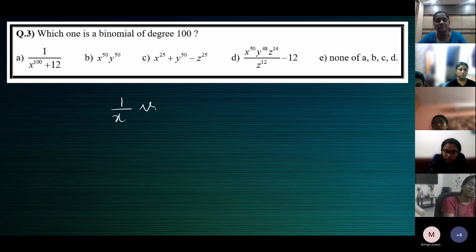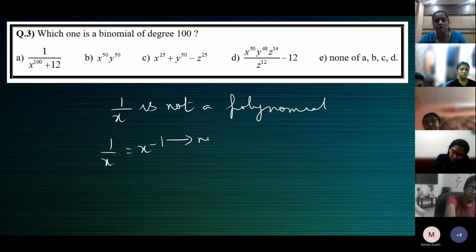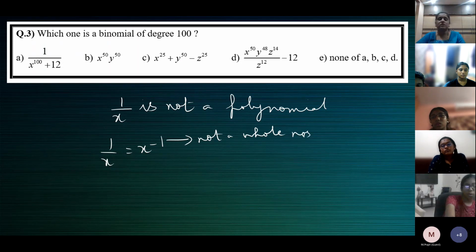Whole numbers are 0, 1, 2, 3, 4, and so on. Numbers starting from 0. 0 and all the natural numbers are whole numbers. So minus 1 is not a whole number.